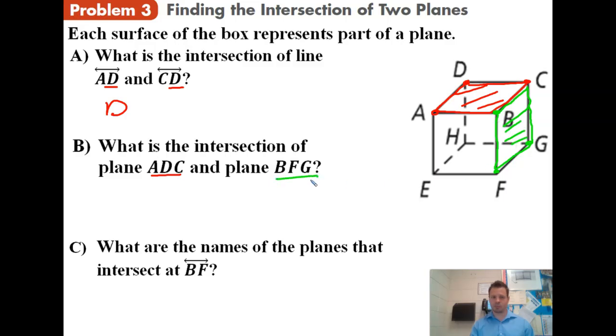So that plane is dealing with the right side. What's their intersection? We just said a minute ago that planes intersect at a line. So the edge they share is everything between C and H here. We could say segment CH or line CH, either one. But these two planes intersect along CH.